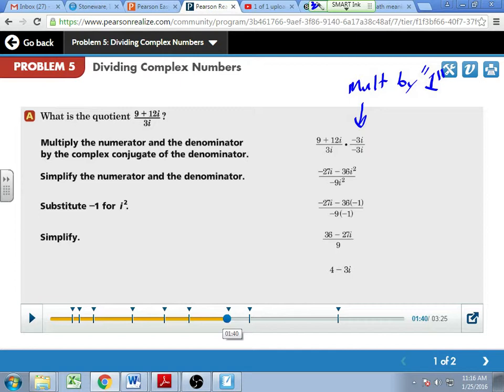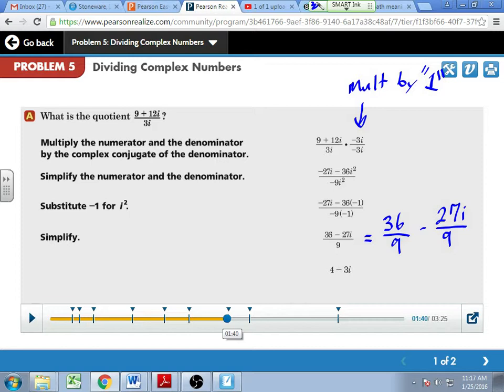So if I multiply by a negative 3i on top and a negative 3i on bottom, I technically haven't changed anything. That distributes through, gets me the negative 27i minus 36i squared over minus 9i squared. I replace any i squares that I can with negative 1s. Then I evaluate this and I break up my division. So this becomes 36 divided by 9 minus 27i divided by 9.